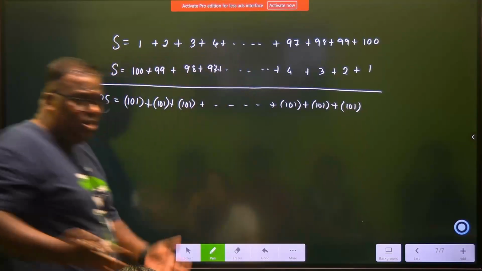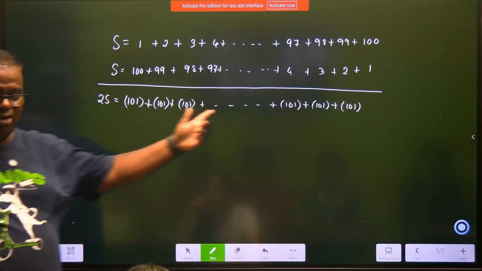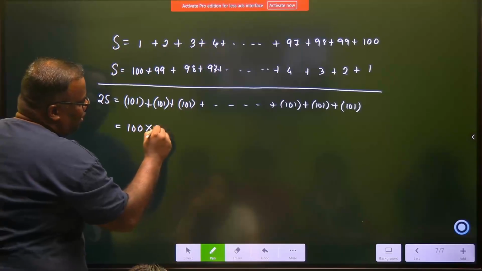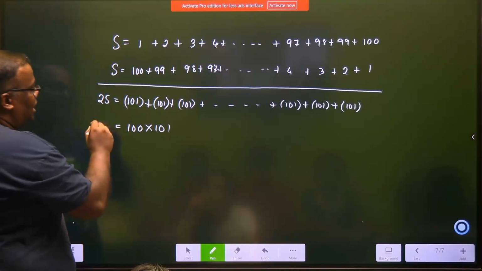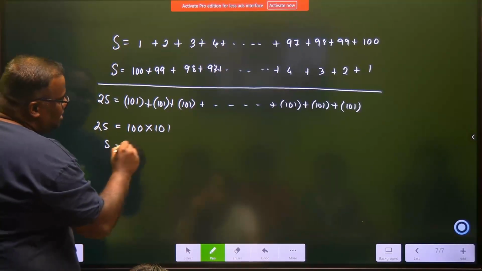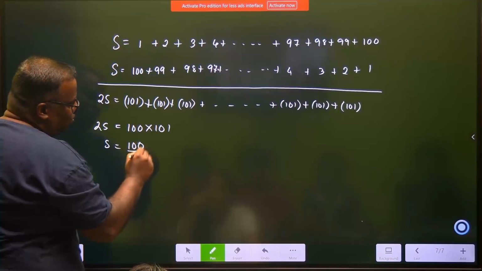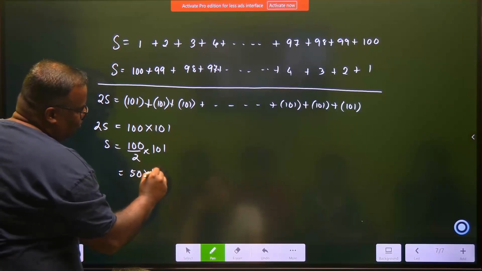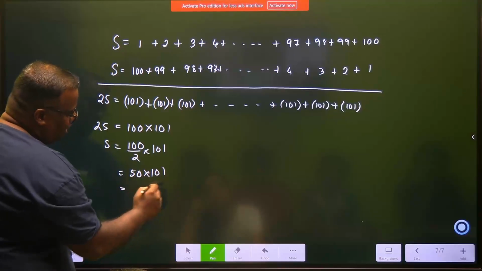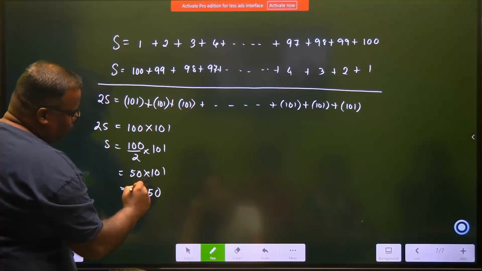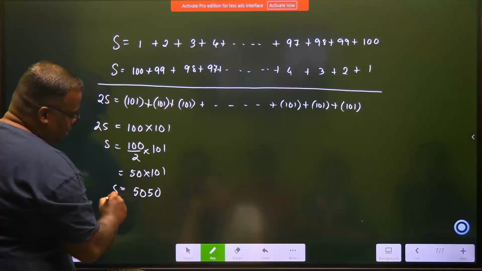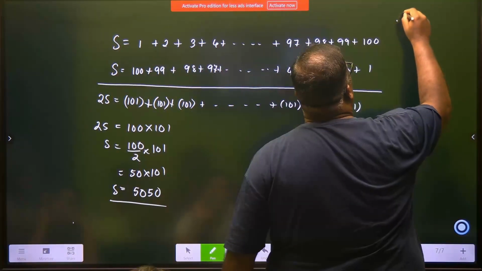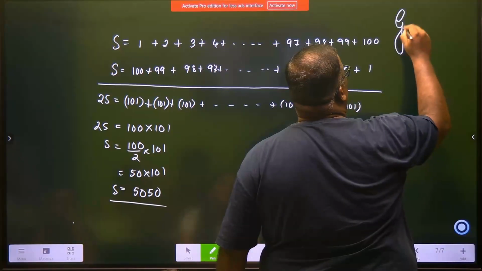And tell me how many 101s? 100 101s. So he writes the next step as 100 multiplied by 101, and that is 2S. And then he says S is equal to 100 divided by 2 into 101, which is 50 into 101. So 50 ones are straight away 50 and 50 ones are 50. Teacher hugs the boy and kisses the boy, and the boy's name is Carl Friedrich Gauss.